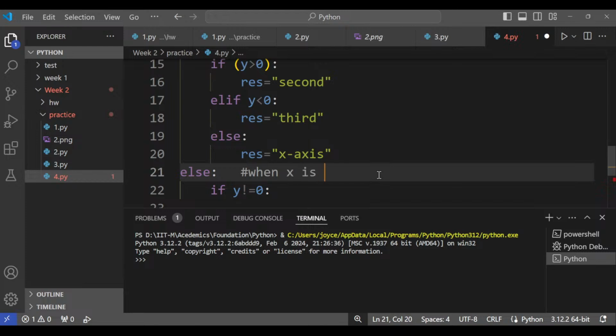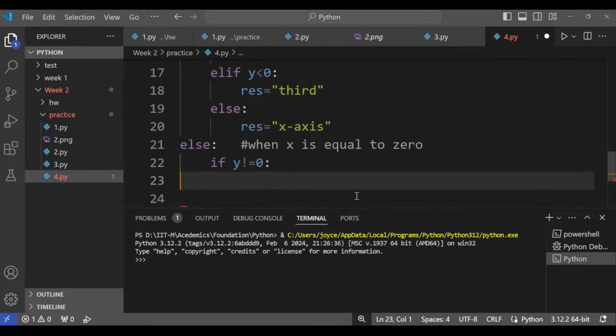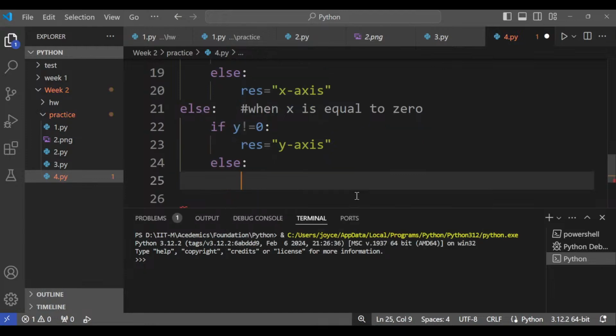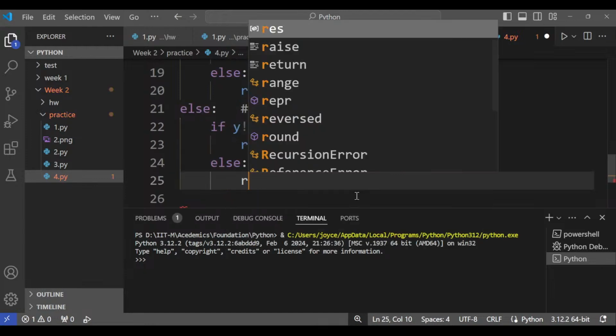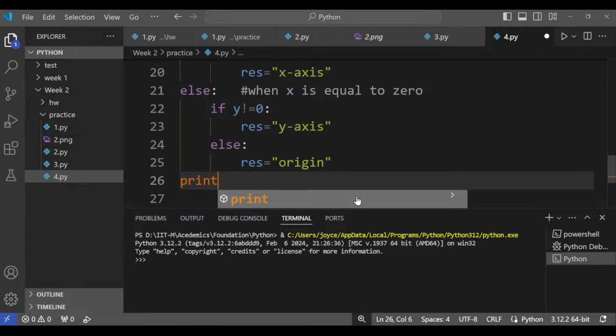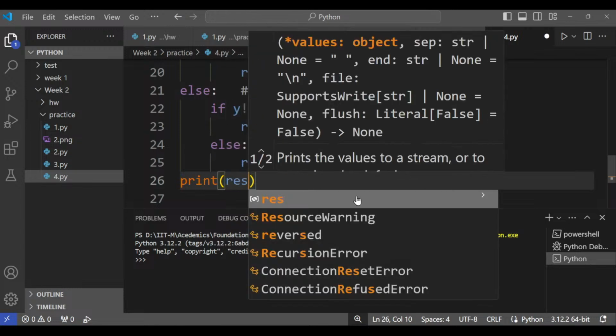When x is equal to 0 and y is not equal to 0, it means it is y-axis, else it means x equal to 0, y equal to 0, so it is origin. And then we print res.